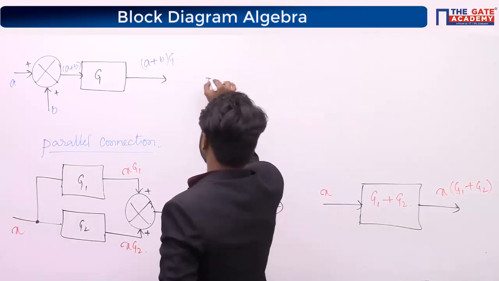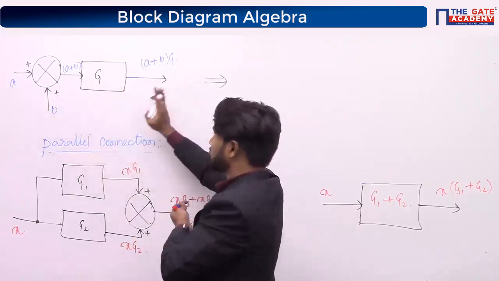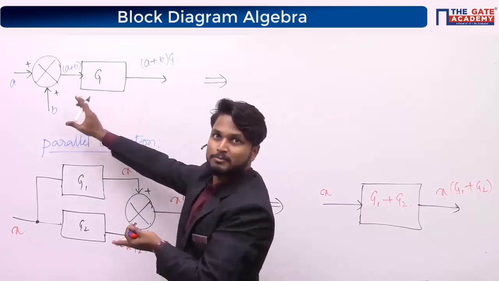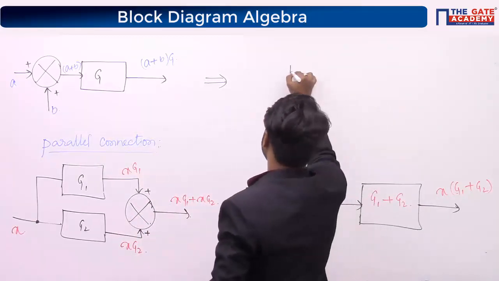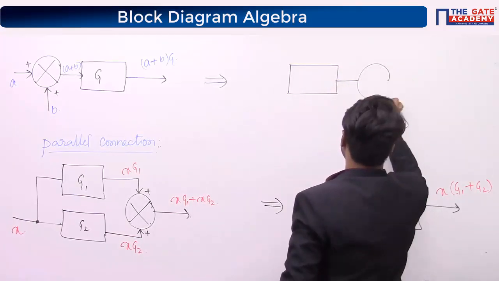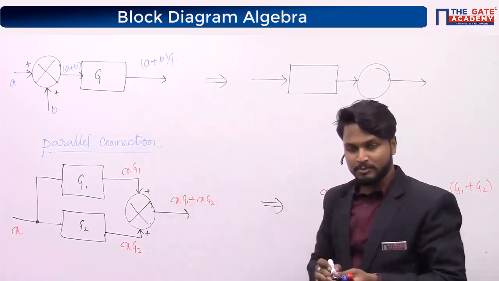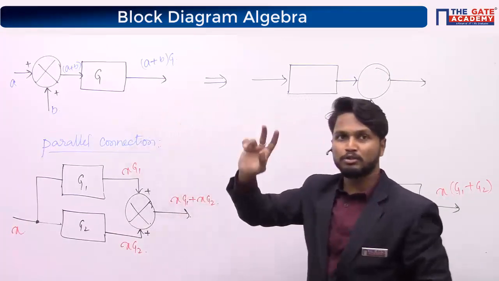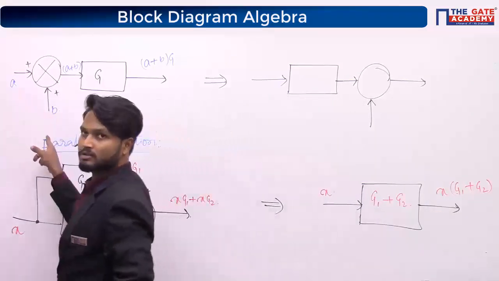So, if I want to shift this particular summing point to the right of this block, what modification should I do? See, I just want to shift this summing point to the right of this block. If I am saying both are equivalent, both should give the same output to the same inputs, right?